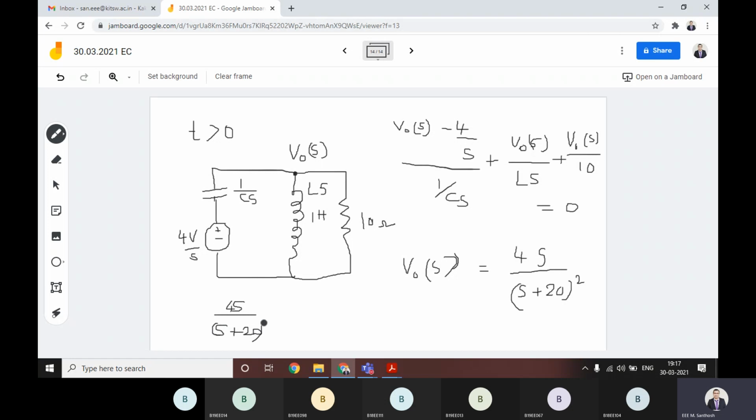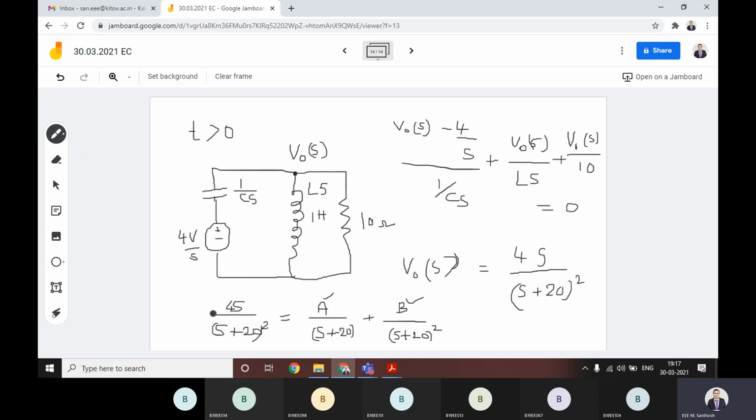can be used for partial fraction, like A by s plus 20, the first term, then you have B by s plus 20 whole square. Then you have to find this A and B simply.